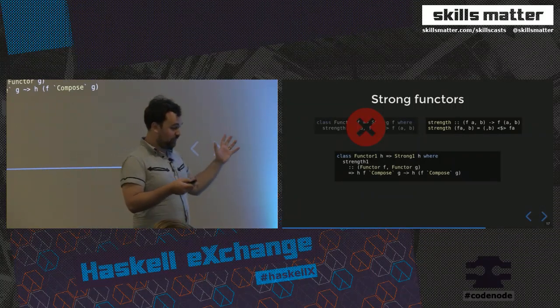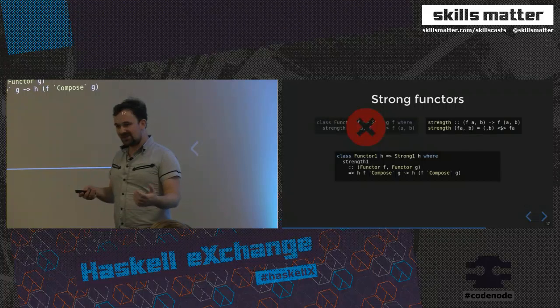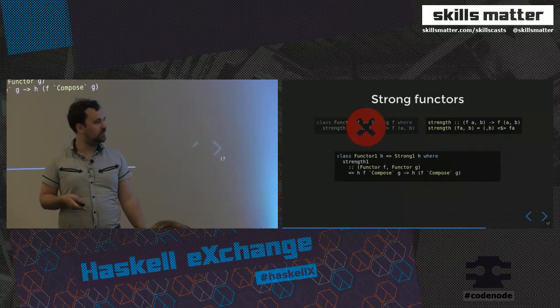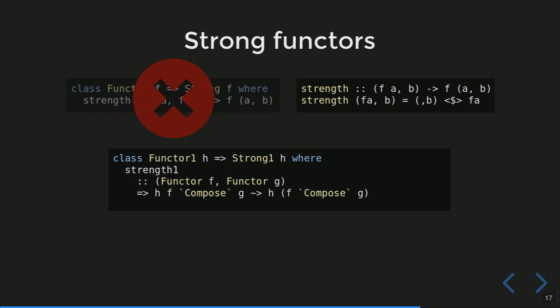But functors of functors, well, they're not strong by default. So you actually have to prove it. You remember the monoid in the category of endofunctors thing? There's a trick in there where you replace the comma, the Cartesian product, by composition of functors.